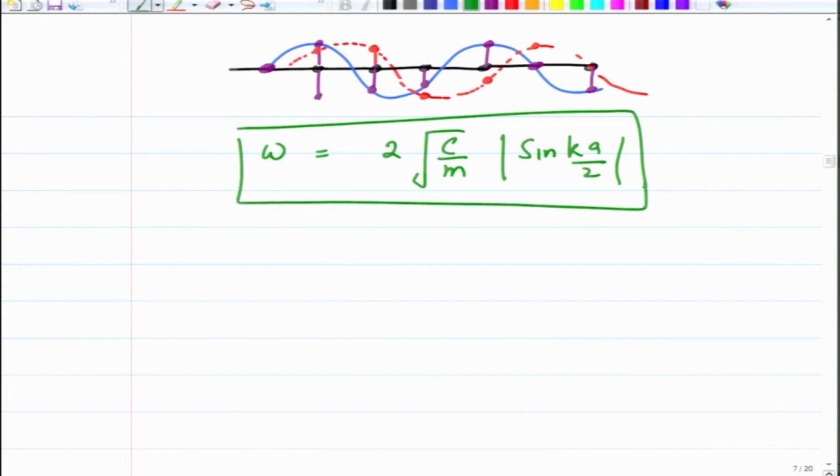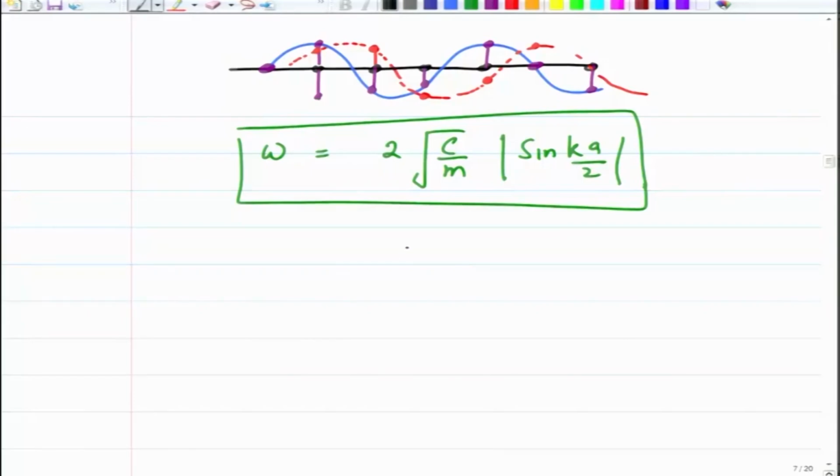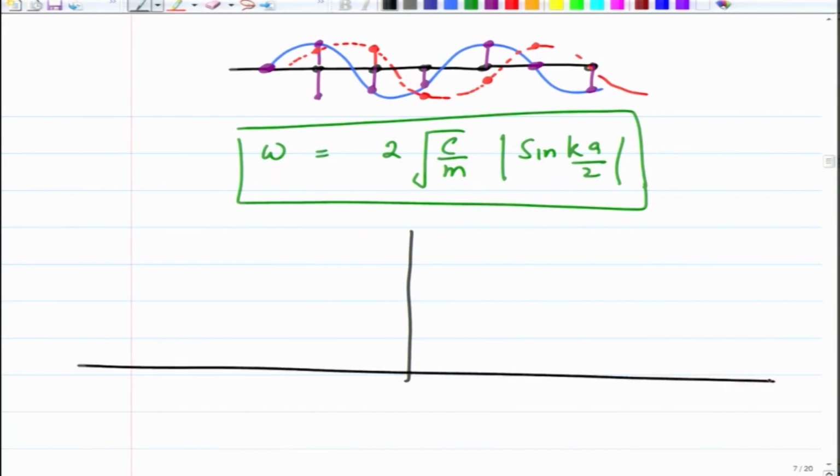Okay. Now, let us look at how this plot looks. If I were to plot omega versus k, at k equals 0, everything is 0. As you increase k, it will go up like a sine wave and then it flattens out.